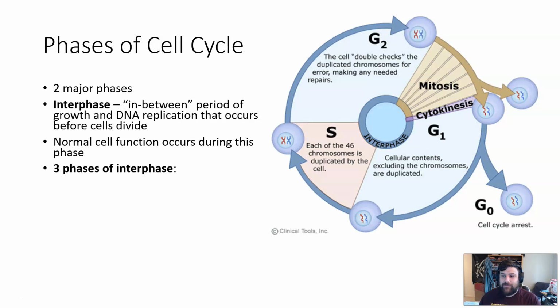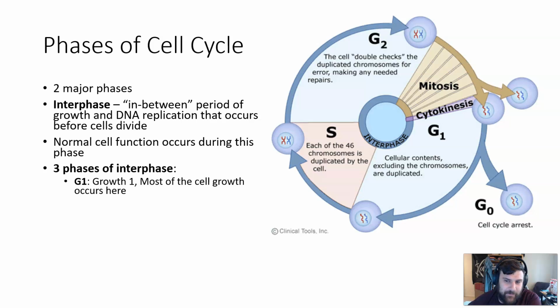And there are 3 phases for interphase. And so just to be clear about this, interphase is the majority of that circle that is on the right side of your screen. G1, S, and G2, that is all interphase in terms of this kind of pie chart breakdown of time. Alright, so the first phase is what is called G1, or growth 1.